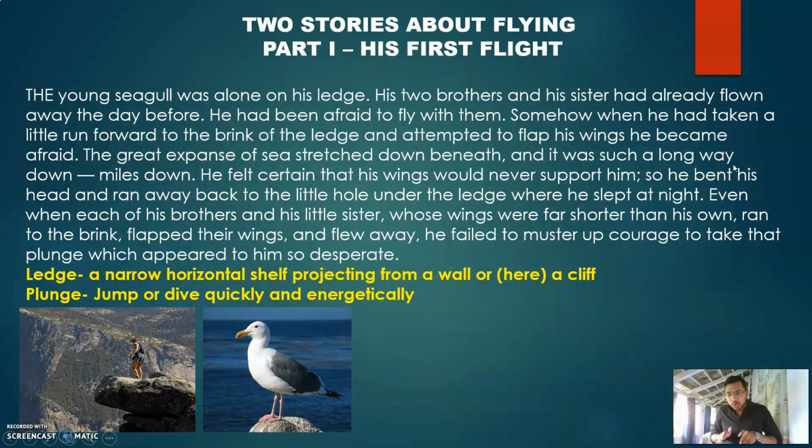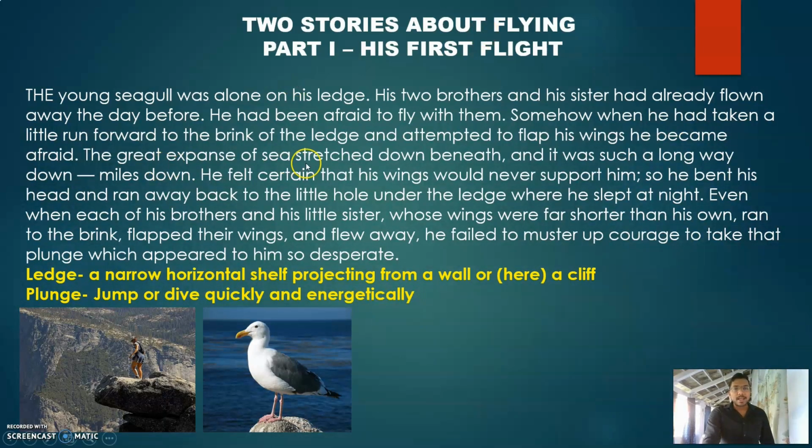So when he took the run towards his first flight, and as he was about to reach the brink, somehow he was afraid and could not master the courage to take that flight, and he stopped himself.